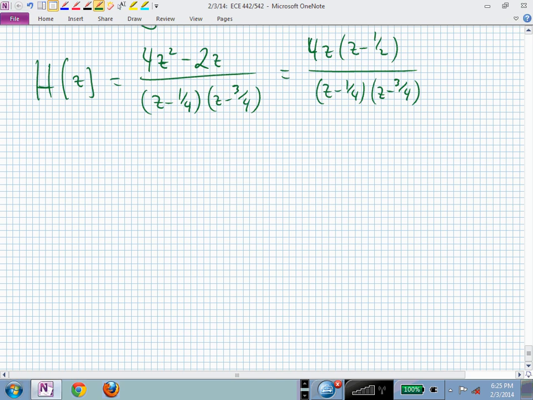Are they in the right half plane or the left half plane, your poles? Right half plane. Does that mean anything? May or may not. Probably it's a good thing. Then you're not banging around so quickly. And you're on the real line, aren't you? Your poles are at 1/4 and 3/4.